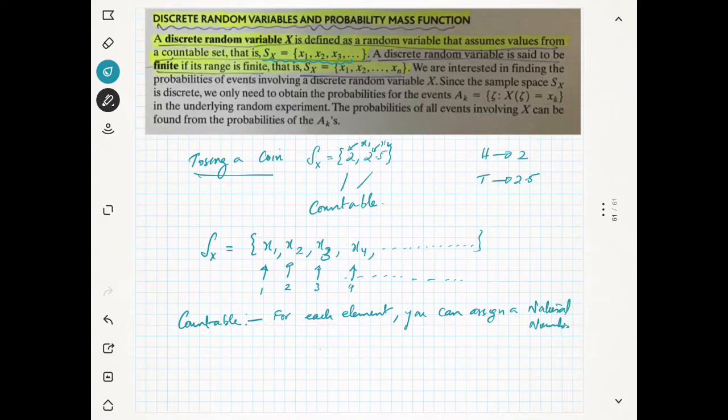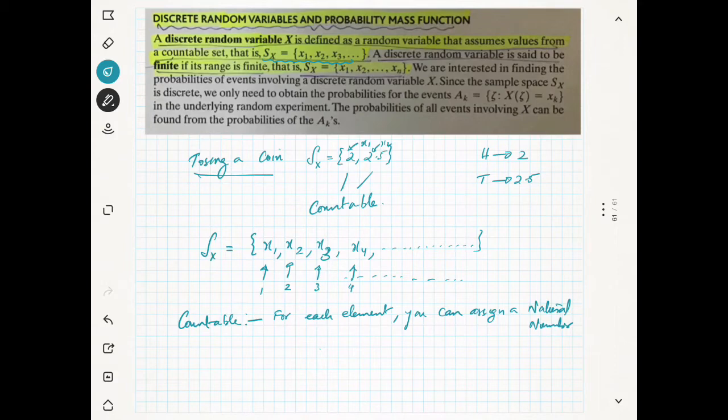This is possible. But if you take a real line, the number of points on a real line is not countable. If you take a point 1.001, then maybe 1.0011 is the next point, but you can also find any point in between. So you cannot assign a natural number to each element in the real line.